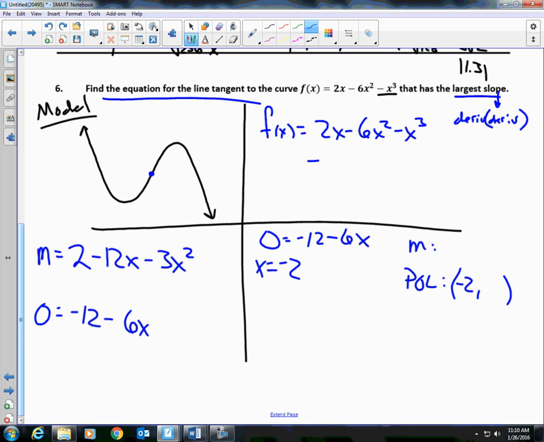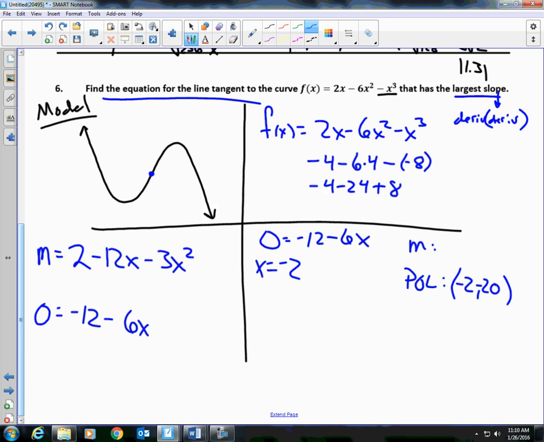Plug in negative 2. It's negative 4 minus 6 times 4 minus negative 8. Negative 4 minus 24 plus 8. Negative 20.